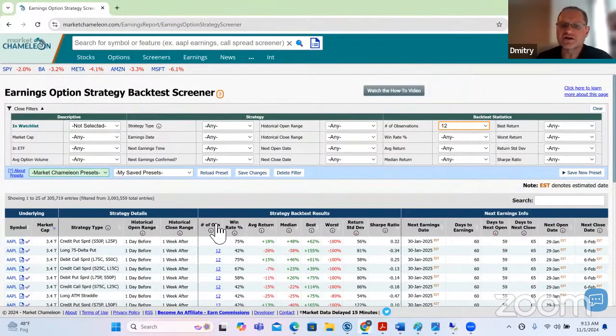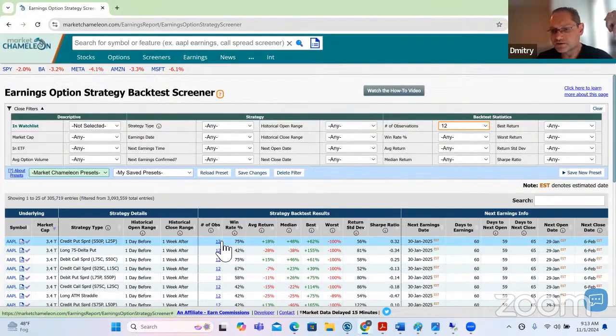And this tells us in this particular study, it's 12 observations. Okay, keep in mind earnings are only 4 times a year, 4 quarters. So you're still looking at 3 years of data because we don't have more data than that in a year, right? And if you click on that 12 observations, it gives you more details.